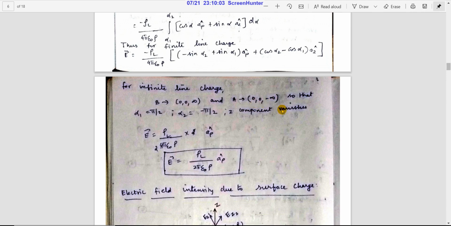If you want to find out for the infinite line charge, then the B point will be going to 0 comma 0 comma infinity, and the A point is going to be 0 comma 0 comma minus infinity, so that alpha 1 can be plus pi by 2 and alpha 2 can be minus pi by 2.